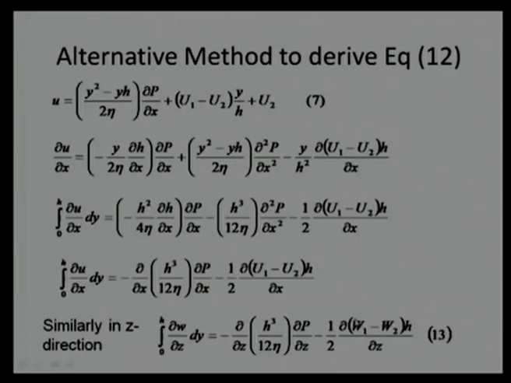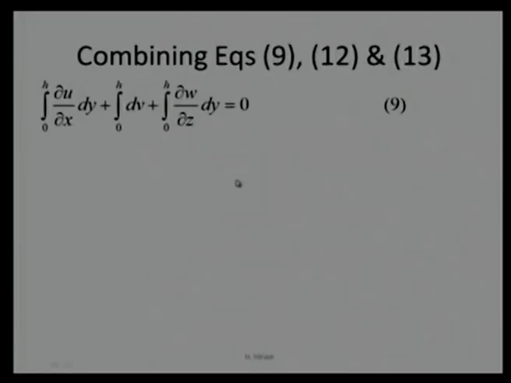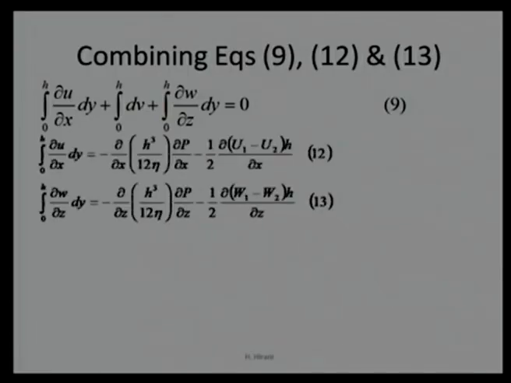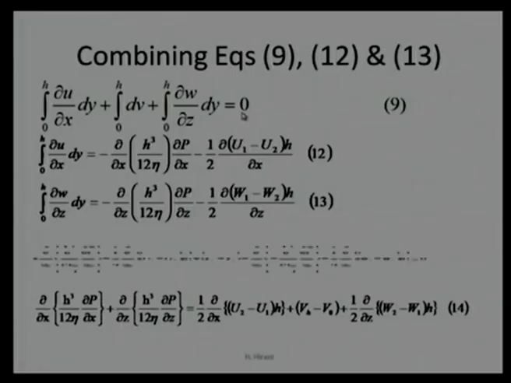Now, we can substitute these relations in this continuity equation, which was integrated to get the results. When we substitute equations 12 and 13 in this equation, what do we get? Something like this.